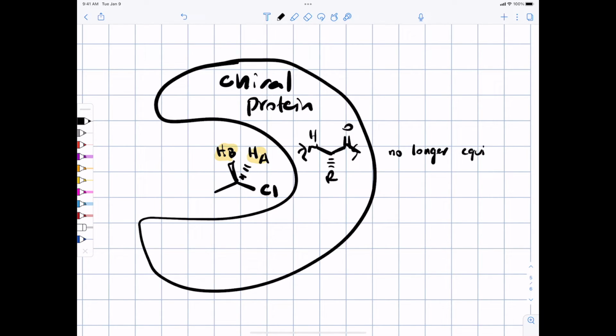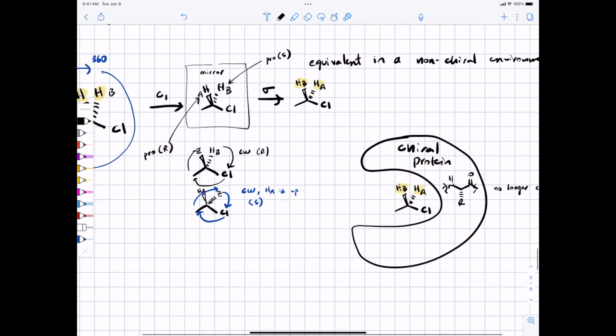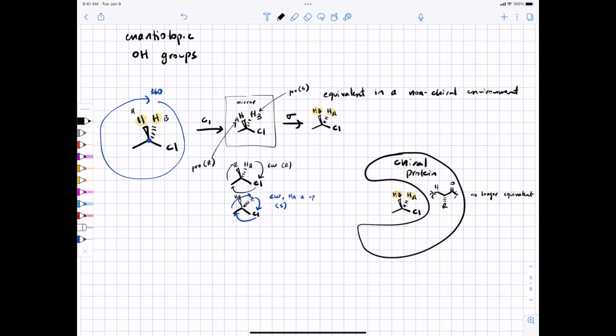Is there any effect of the chlorine on any of the hydrogens? Okay, so you're asking about the effect of the chloro being electronegative, will it have a different effect on these two hydrogens?